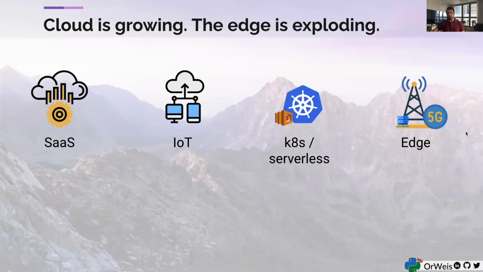So, as you all know, the cloud is growing, the edge is exploding, more and more elements of software are kind of eating up the space and becoming more complex, adding more elements. It's no longer just running a simple server on one machine, it's multiple instances, it's multiple services in the cloud, third parties interacting with one another.